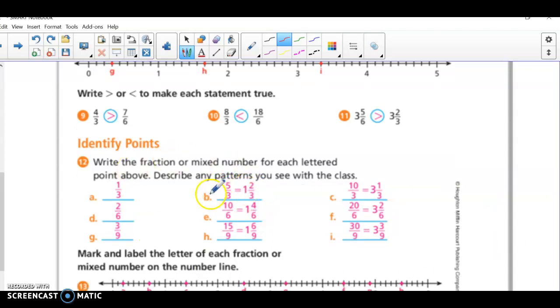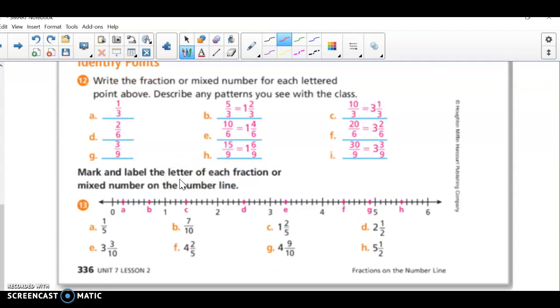Okay, so check these, pause it if you need to, go back and try and figure out why these answers were what they were if you got some mistakes on there. And then check for your mixed numbers where you put them on each of these number lines. And then I wanted to talk about this. Look where it is. H is in the middle of 5 and 6. It's halfway in between 5 and 6, 5 1/2.